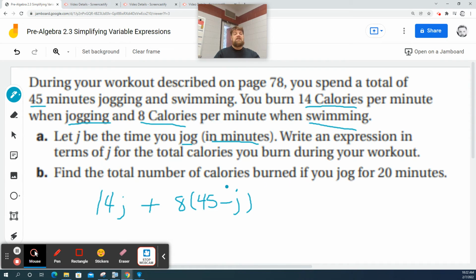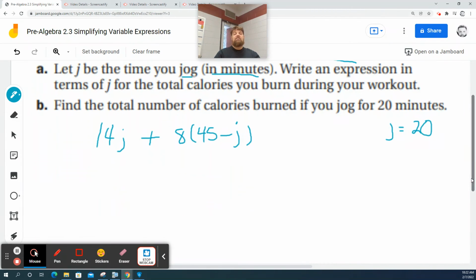Now it says find the total number of calories if you jog for 20 minutes. That tells me that at some point I'm going to plug in 20 for J. So we have an expression here. I want to combine everything and simplify it. How do I do that? What do you notice on this problem that was similar to one of the other example problems?